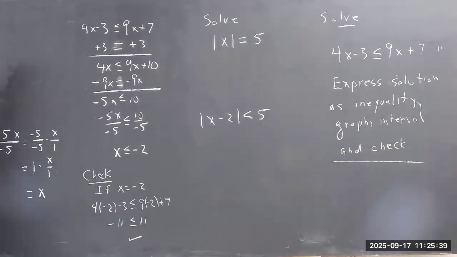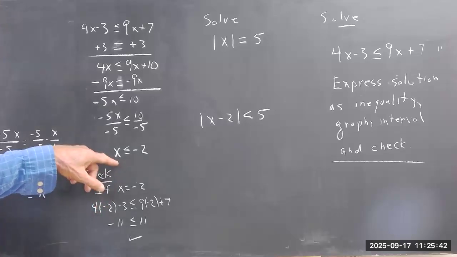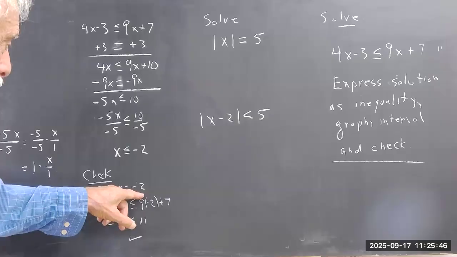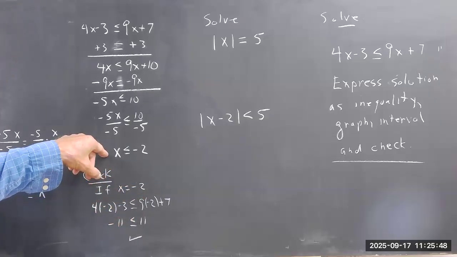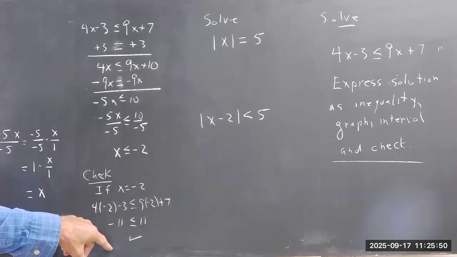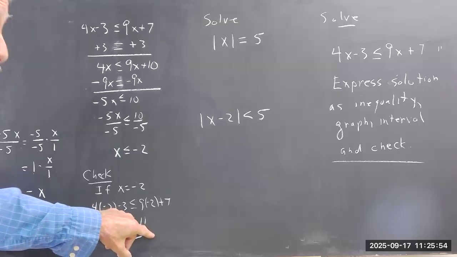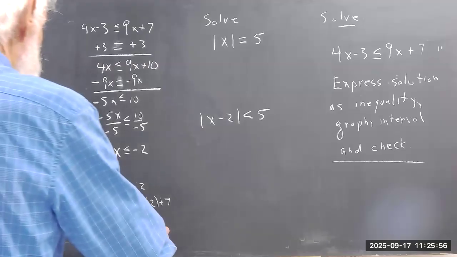And that's true. Because, of course, the solution is x is less than or equal to -2. If x equals -2, that's in the solution set. And that should make the inequality true. And -11 is less than or equal to -11.